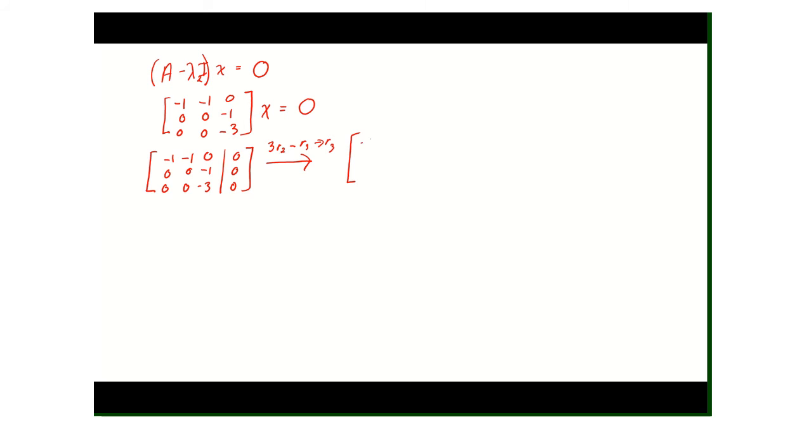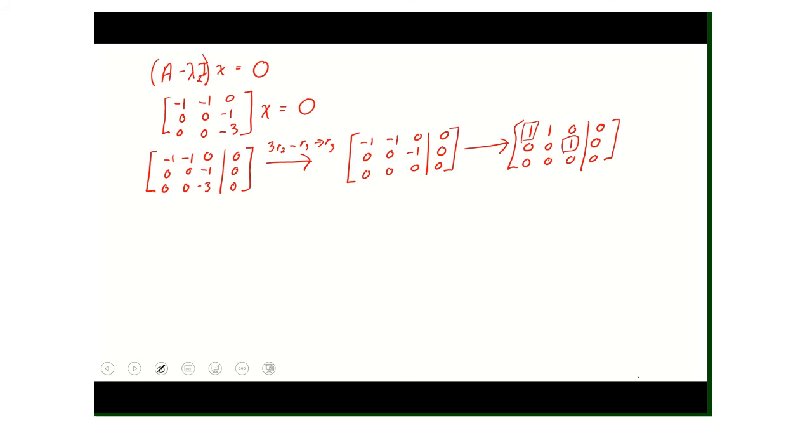I get negative 1, negative 1, 0, 0, 0, 0, negative 1, 0. And I'm going to get a row of zeros. And now I'm just going to multiply it out so that I get ones, just multiplying a couple of rows by negative 1. There. Now I have a leading entry there and a leading entry there. My x2 is my free variable.